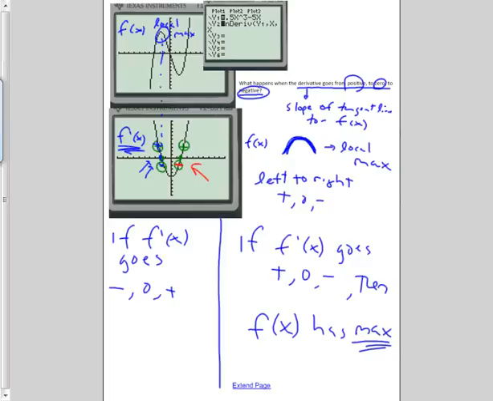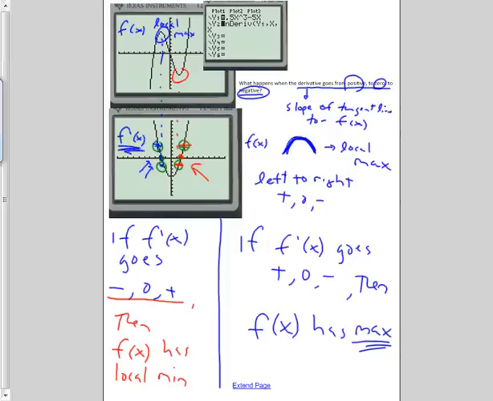This is a negative value. There it's 0, and here it's positive. And that corresponds to a local min. So if the derivative function goes negative, 0, to positive, then f of x has a local min.